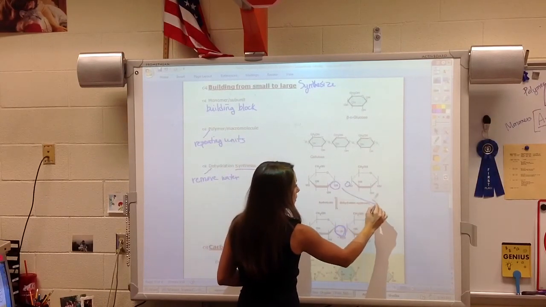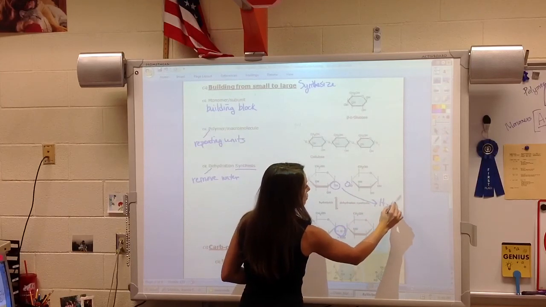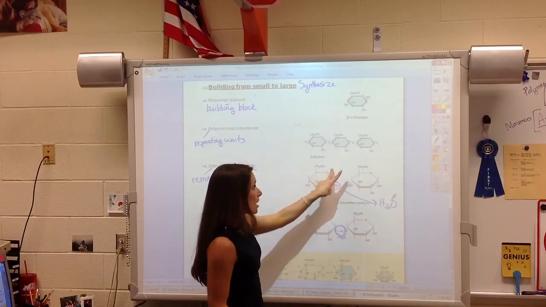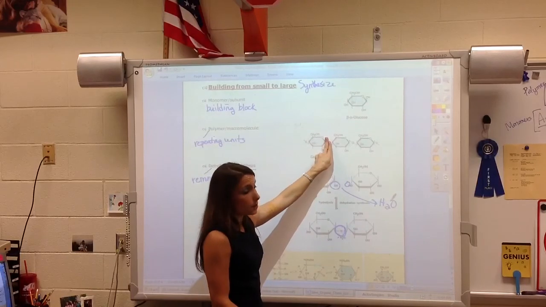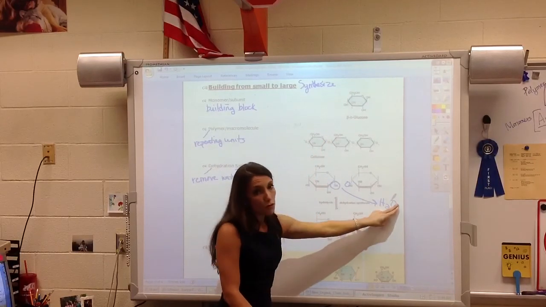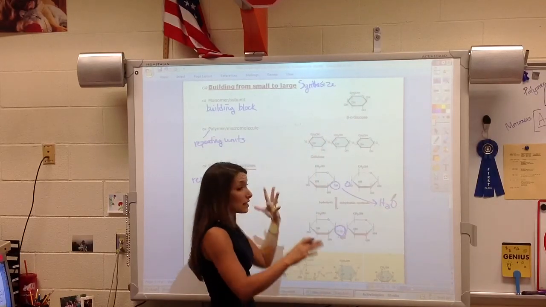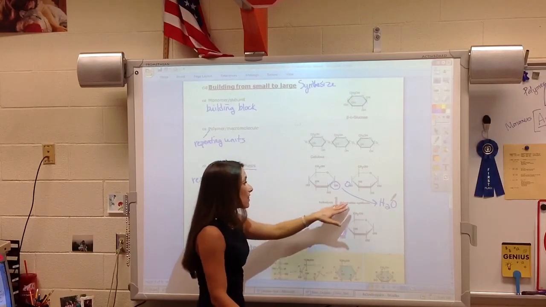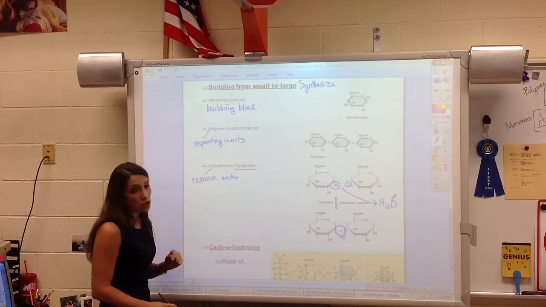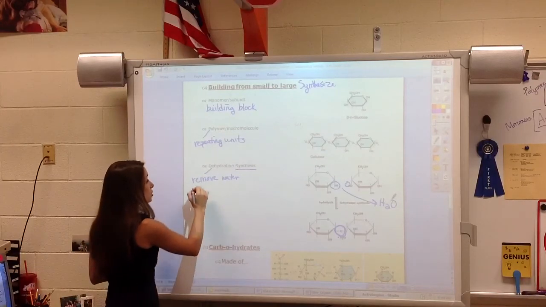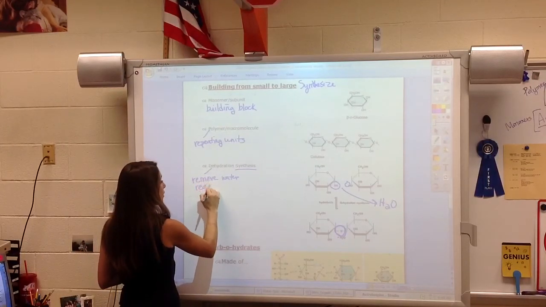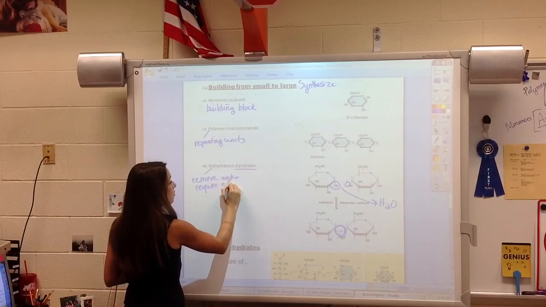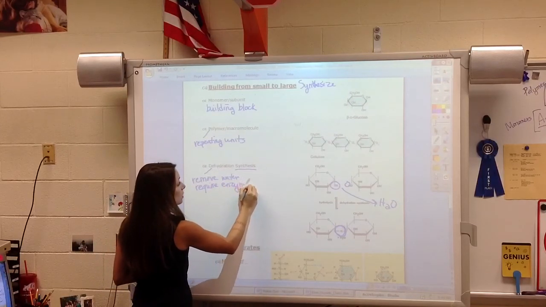And so water was actually removed. So anytime I'm joining two subunits, I'm always removing water, and that creates an environment where the two want to bond together. And that is called dehydration synthesis. This is usually going to require enzymes, which we'll talk more about later in this unit.